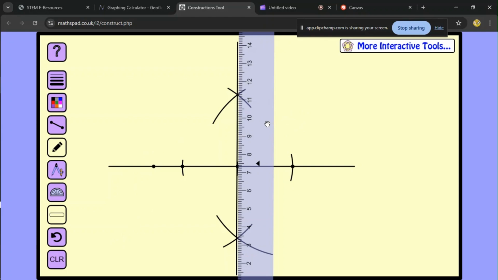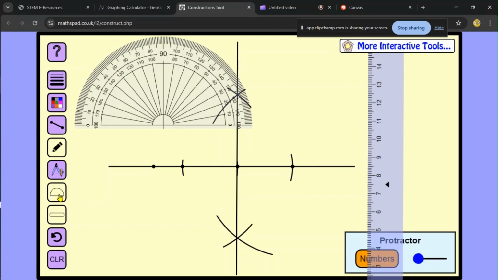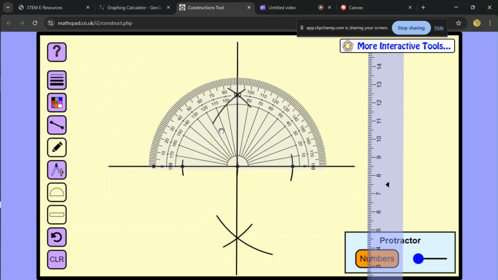Right? So if I remove my ruler, you can see that this line is joining this one at an angle of 90 degrees. So even if I use my protractor to measure this angle, I can see that the two lines are meeting at an angle exactly of 90 degrees.